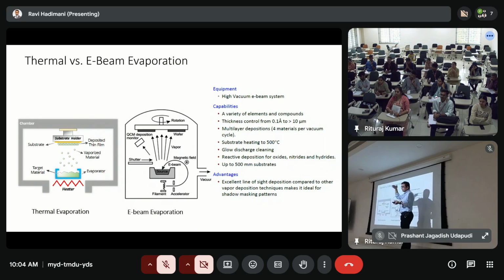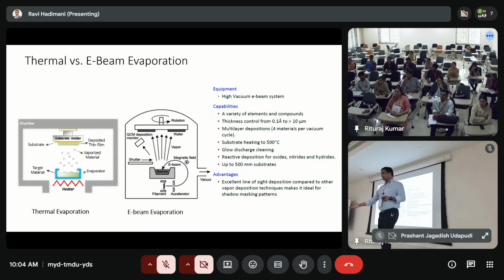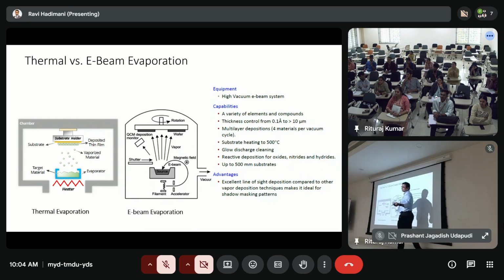If you want to deposit electrodes on a wafer, then you put that as a target in the source. Then the electrons are generated. Here also you heat, so these are somewhat expensive equipment and expensive processes.